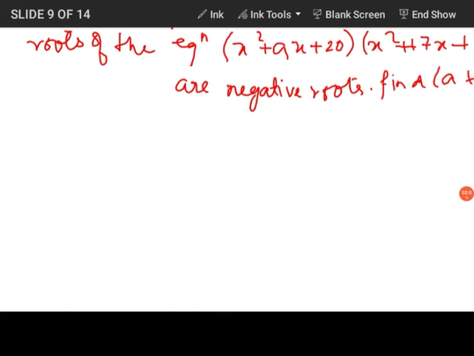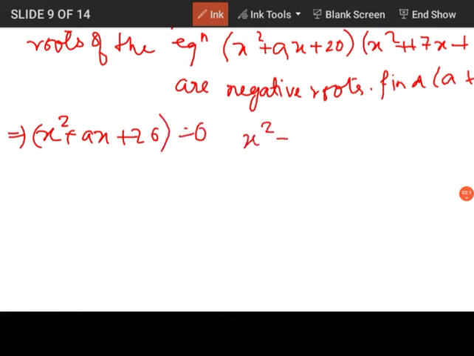First of all, the very first step is very clear, that x square plus ax plus 20 is equal to 0, and x square plus 17x plus b is equal to 0. Now again we have to make two very crucial observations.